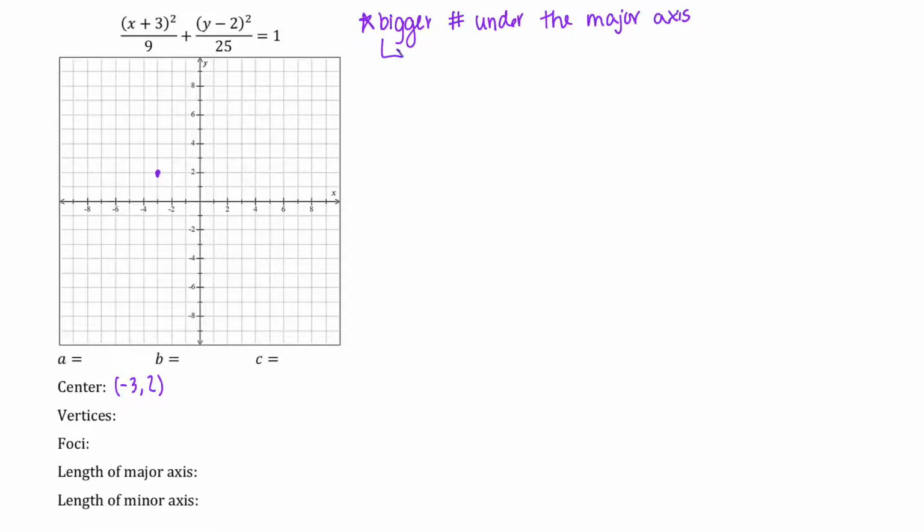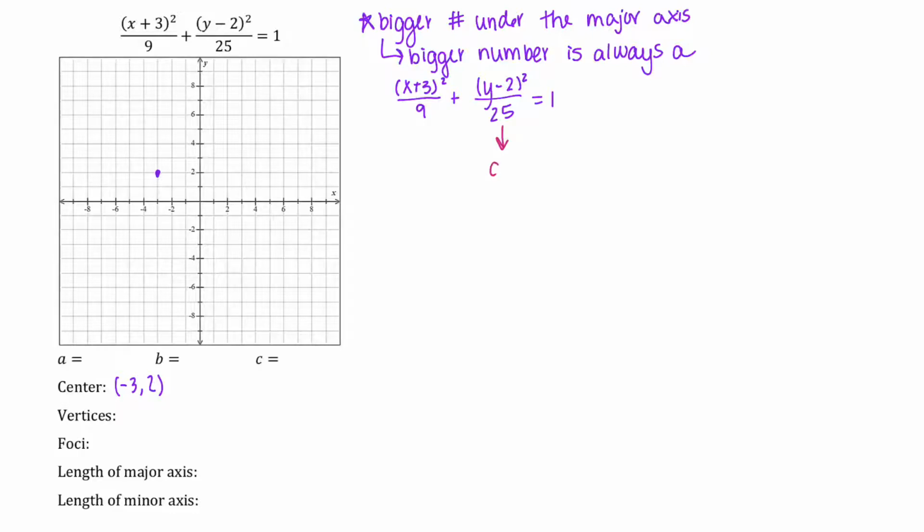And additionally, the bigger number is always A. So if I look at the formula we have, x plus 3 quantity squared over 9 plus y minus 2 squared over 25 equal to 1, well, clearly the bigger number is 25. So that would mean that a squared is equal to 25. Taking the square root on both sides, we get a is equal to 5.